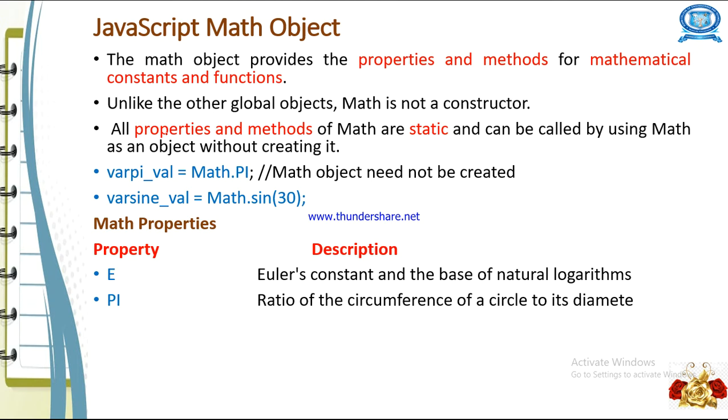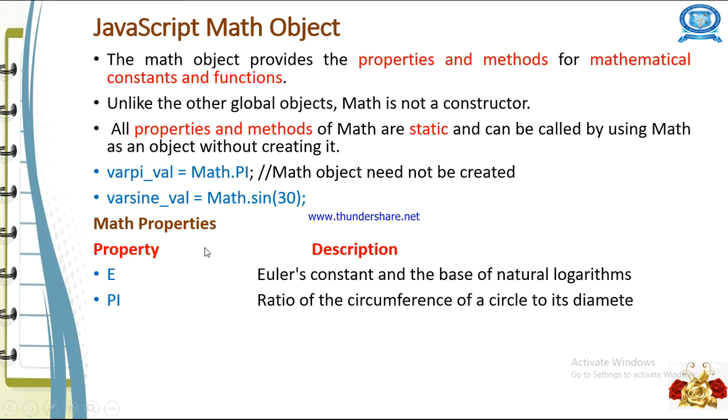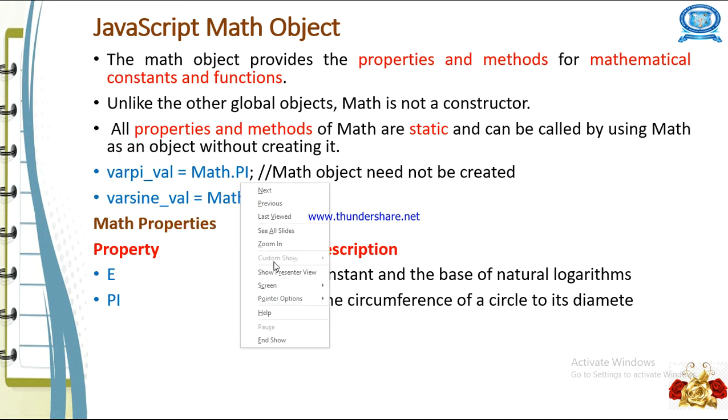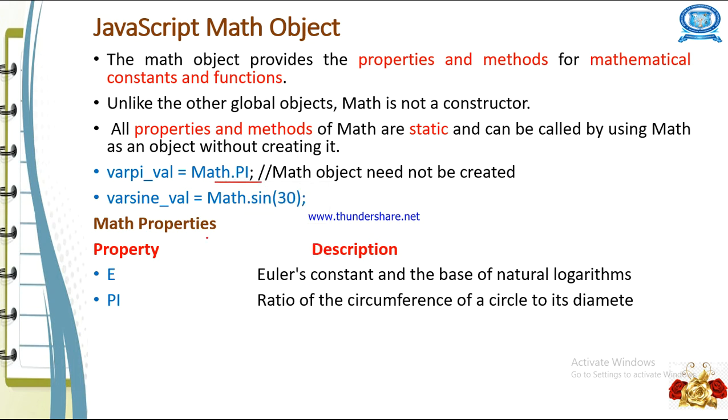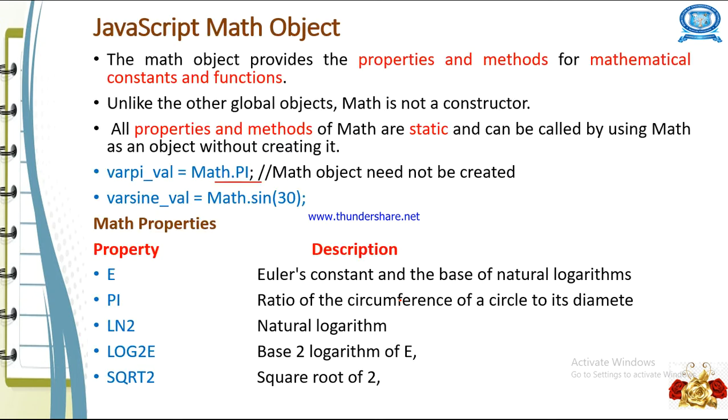Next is PI, which specifies the ratio of the circumference of a circle to its diameter. LN2 is the natural logarithm of 2, then logarithmic values, and square root.